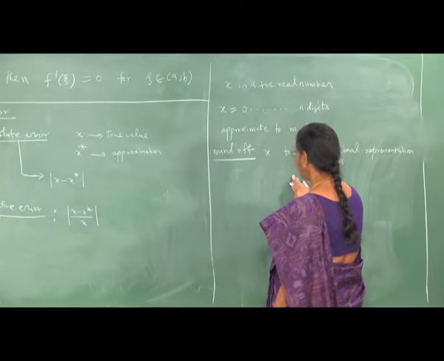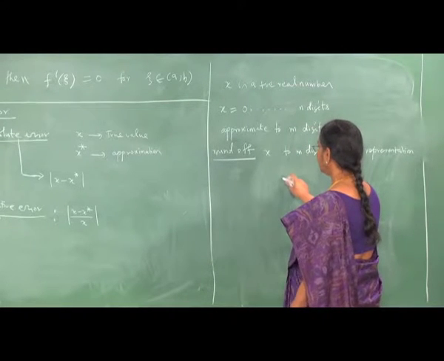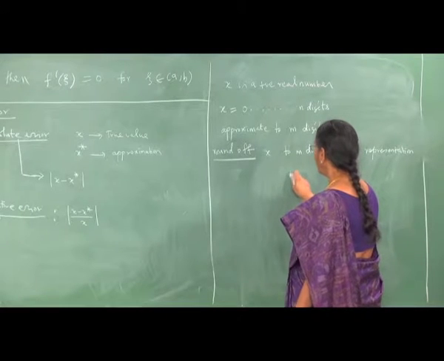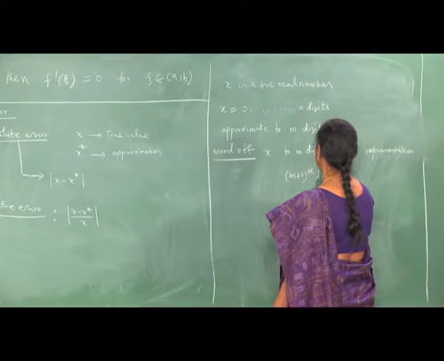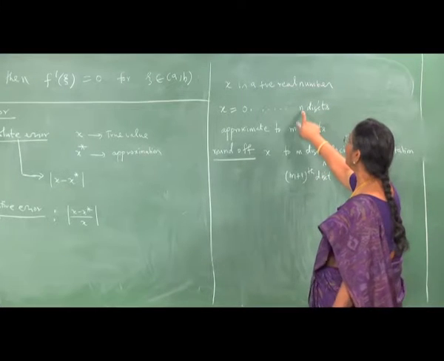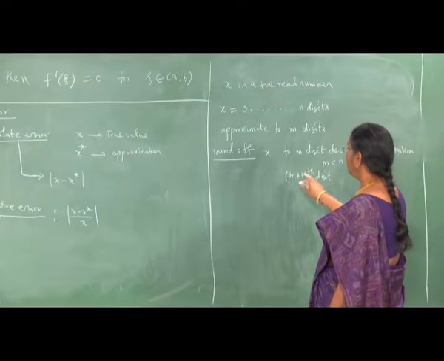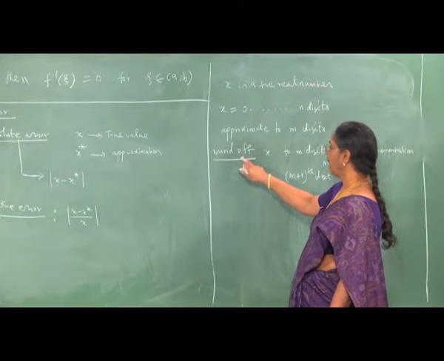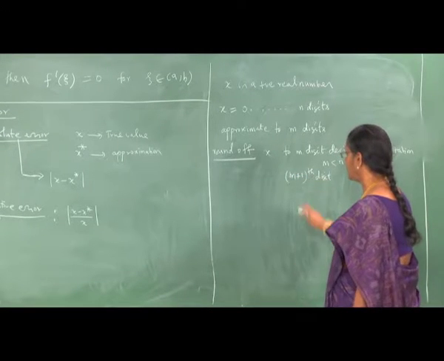So, given this x, I would look at x and see what is the m plus 1th digit in that representation, which is given in the form of n digit representation. My rounding off of that number depends on what the value of the m plus 1th digit is.